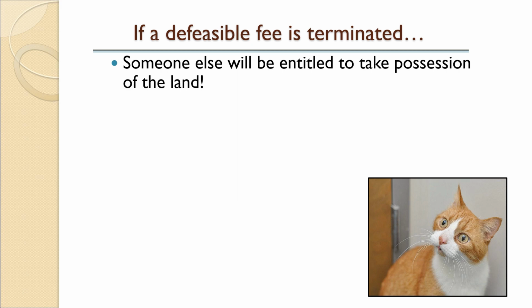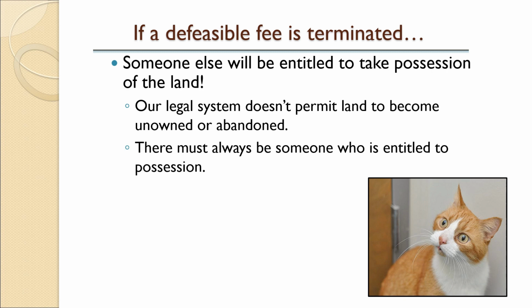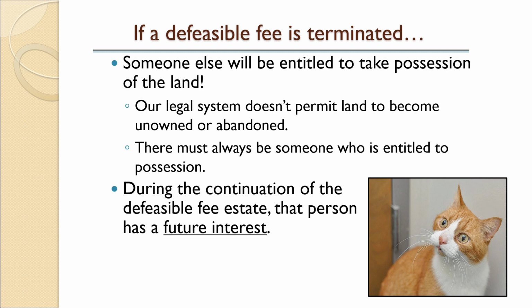Now, this may seem obvious to you, but we can state the reason for it. Our legal system doesn't permit land to become unowned or abandoned. In other words, there is always somebody who is entitled to possession of every parcel of land. So if the fee simple defeasible estate comes to an end, somebody else has to be ready to take possession of it at that time.